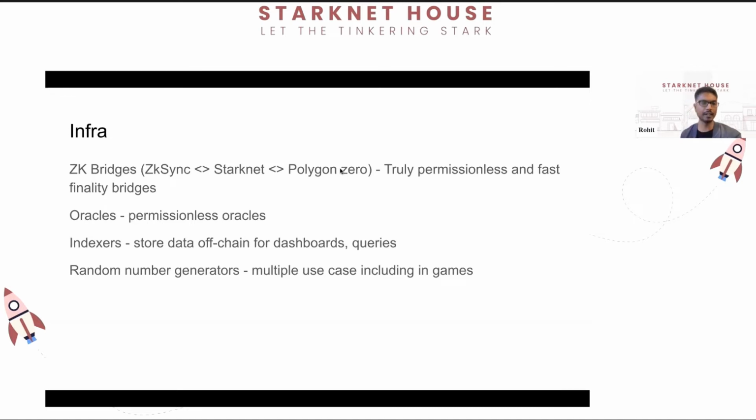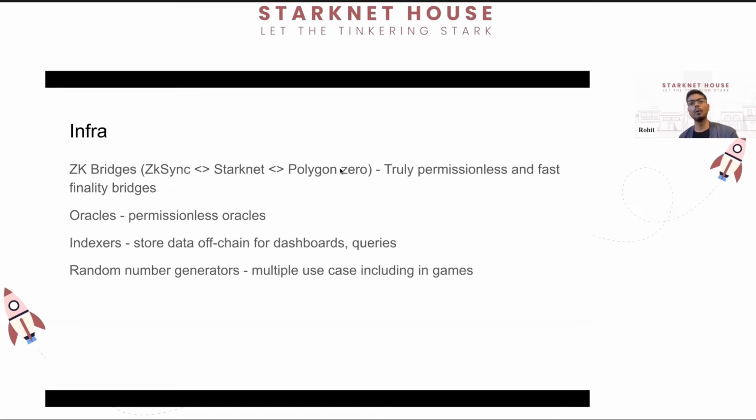Today we see different kinds of bridges. For example, in optimistic rollups, there are the native bridges, the canonical bridges, which are built by the blockchains themselves. But in the case of optimistic rollups, if you want to exchange messages or assets, you need to wait for a week as the withdrawal time to have the finality.